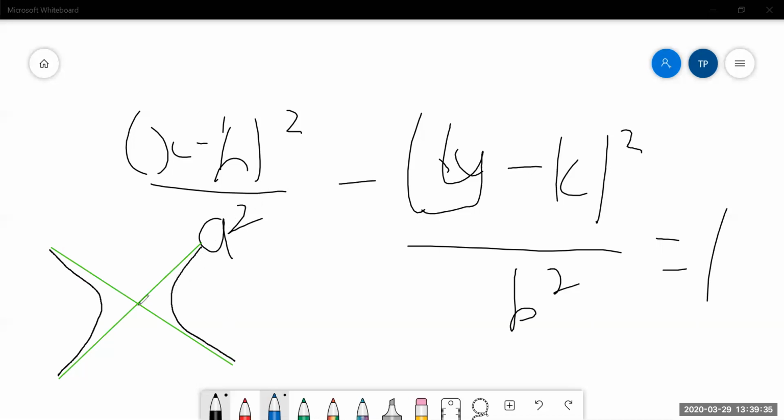Center of the asymptote. Very good. The intersection. Correct. Then what is the A? What does this A represent? Like the vertice here, right?